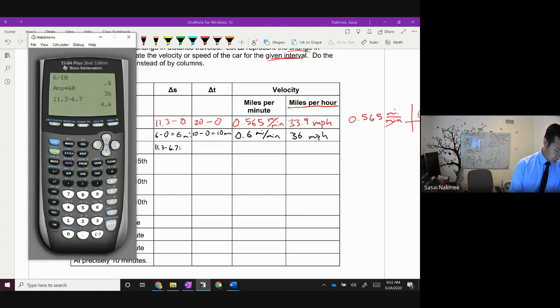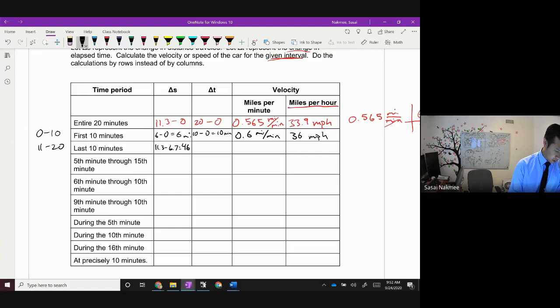It's going to give me 4.6. And the time that's changed is from 20 minus 11, and that's going to give me 9 minutes, right? 9 minutes. All right. What do I get?